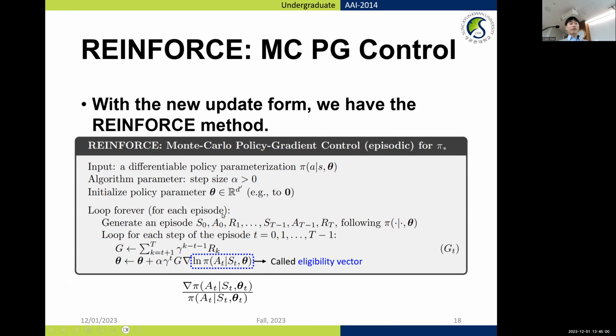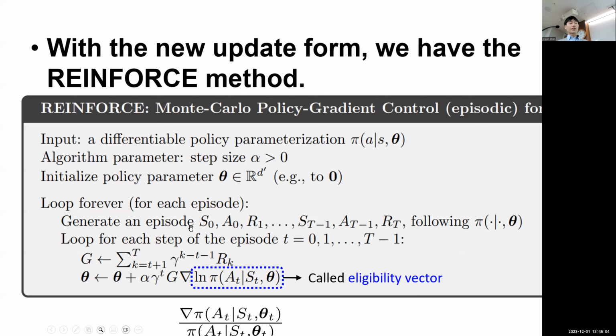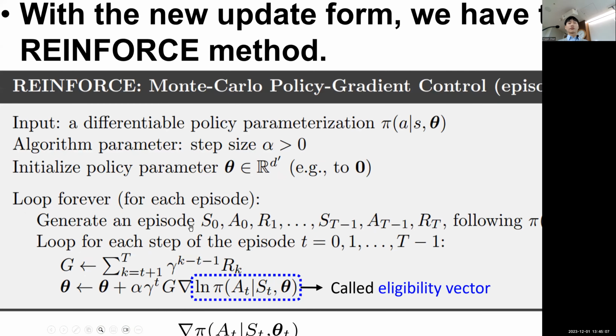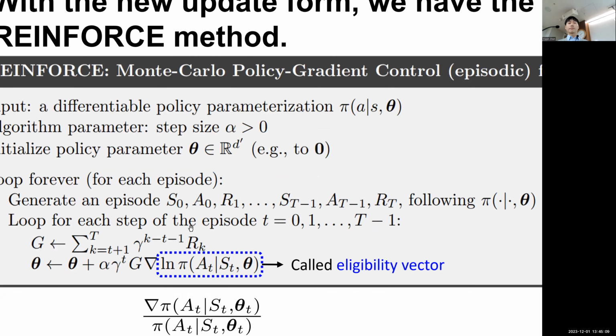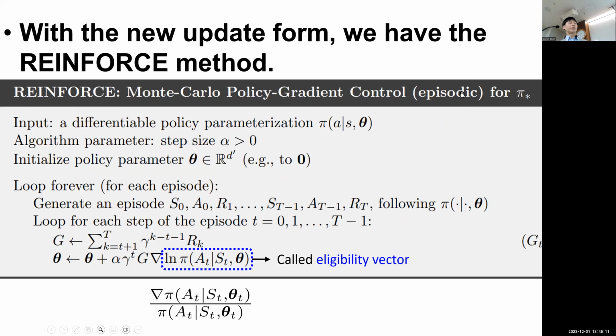So with the new update form, we have this approach. Let's take a careful look at this REINFORCE algorithm. This is the episodic form. The input is a differentiable policy parameterization, so the policy pi is parameterized by theta.